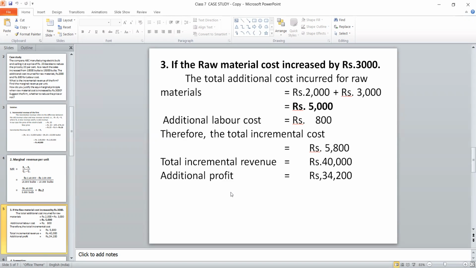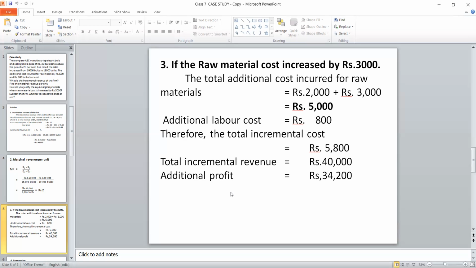I will repeat again. Initially 2,000 rupees raw material and 800 rupees labor cost. Suppose there is an additional cost of 3,000 in the raw material, what will happen? What is the profit margin they are asking? So first we have to calculate the total raw material cost. Initially 2,000, now additional 3,000. Total raw material cost is 5,000. Once again we have to add the labor cost. It is 800 only. There is no change in labor cost.